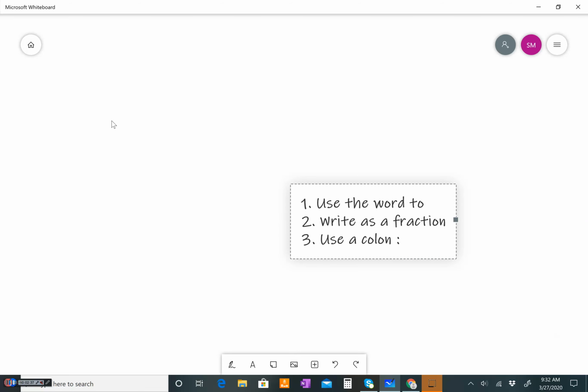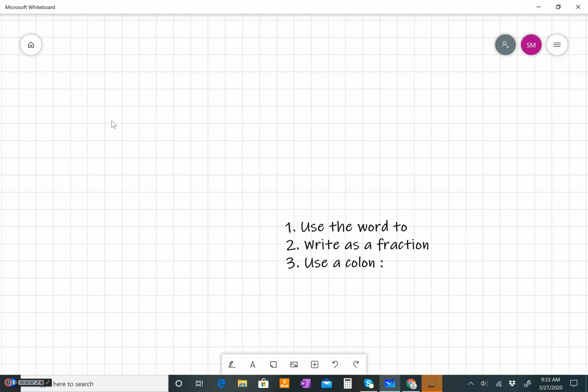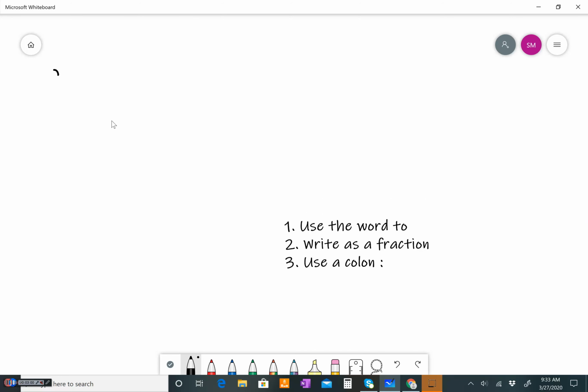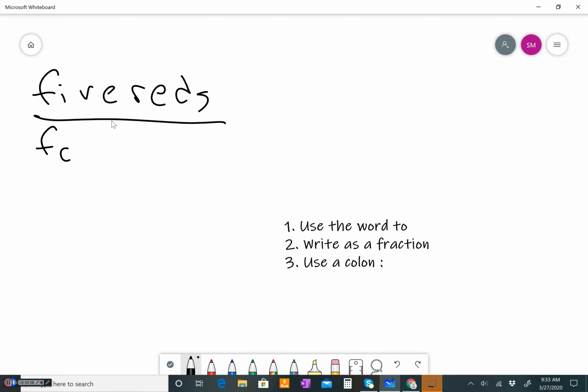Next we have the example with fractions. To use that first one, 5 reds to 4 blues, they're just writing it as a fraction. 5 reds, 4 blues. They did it with words, which, remember, words still mean ratio. So they literally put the 5 reds to 4 blues.